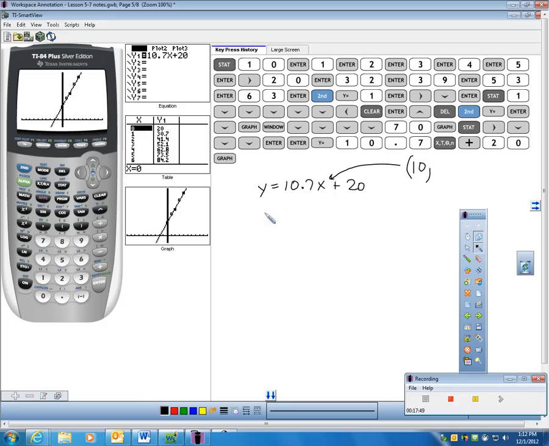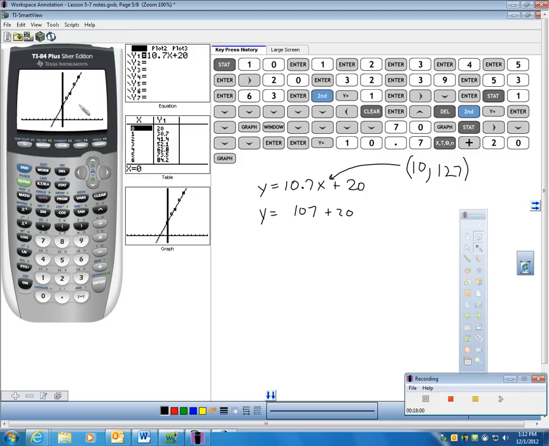I can do this in my head: 10.7 times 10 is 107, plus the 20 is 127. So when I entered 10, this is estimating the point (10, 127). That would be an extrapolation because the point (10, 127) would be way out here somewhere on my calculator.